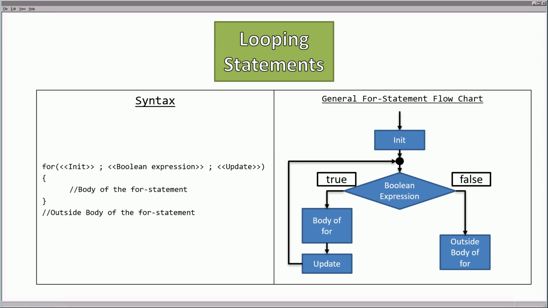For loops can be a little tricky to understand only because everything that we've written so far has been line by line, top to bottom. However, if we want to think about these as these individual parts, look at this. The way a for loop works is this can be considered step 1. This can be considered step 2. Then the body of the for loop is step 3, and then the update is step 4.